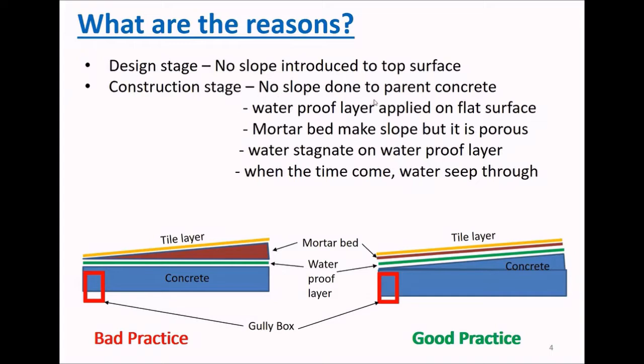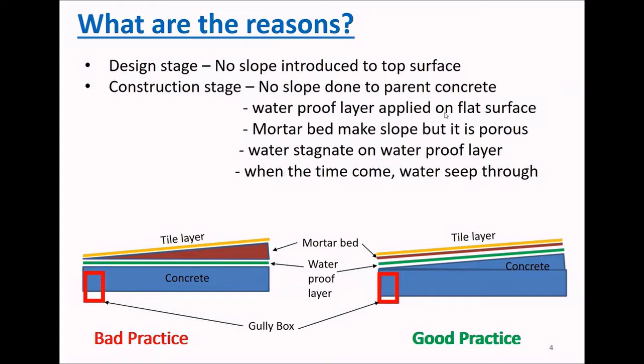In the construction stage also, they are not making the slope from the parent concrete. But later on, they are doing some kind of concrete. They call chip concrete. They put chip concrete, right? We are going to discuss what is the failure of this chip concrete also.